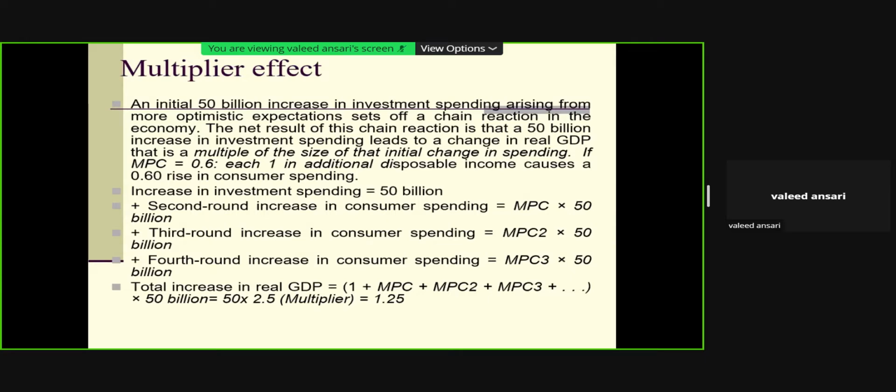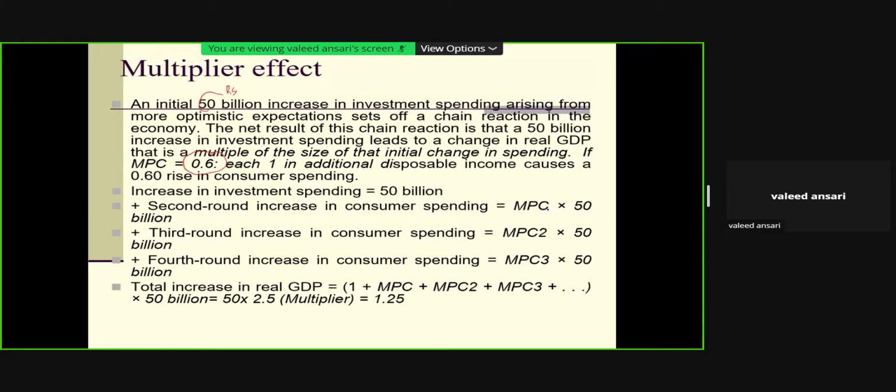Now, this is an example which has been worked out. Let us say a 50 billion increase. I have not written rupees or anything like that, just dollars. Now 50 billion, and let us say the marginal propensity to consume is 60%, 0.6. Those who receive income spend. Please keep in mind that 50 billion worth of investment will also generate 50 billion worth of income.